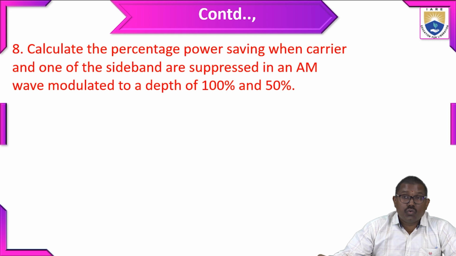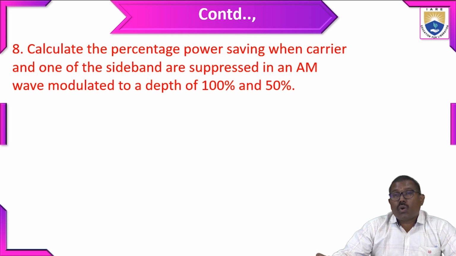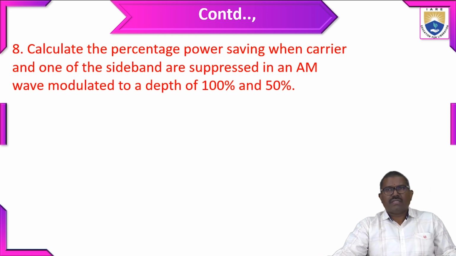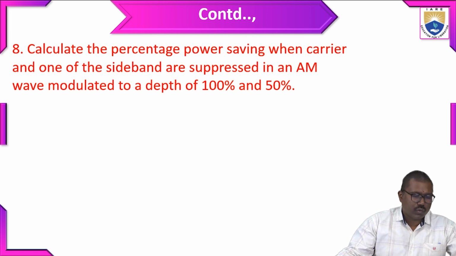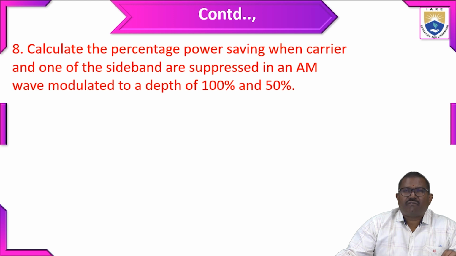So here the given values are mu1 is 1, that is 100%, and mu2 is 0.5. Using this given data we are going to calculate the percentage power saving.